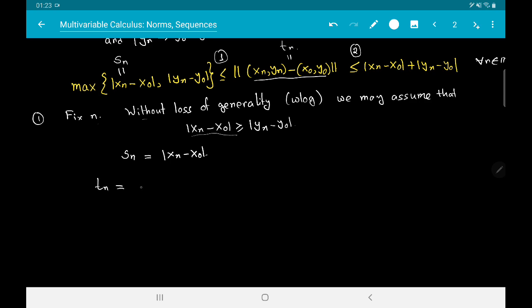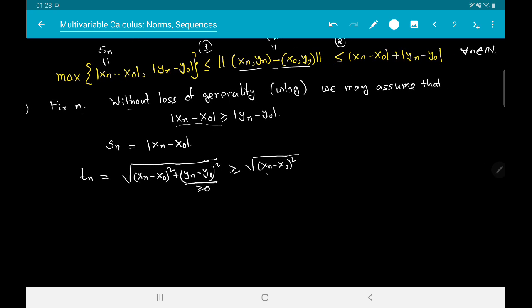Tn is nothing but the square root of (xn minus x0) whole square plus (yn minus y0) whole square. This is bigger than or equal to the square root of (xn minus x0) whole square, because this is always non-negative. And since we always take the positive square root, this is equal to modulus of xn minus x0.